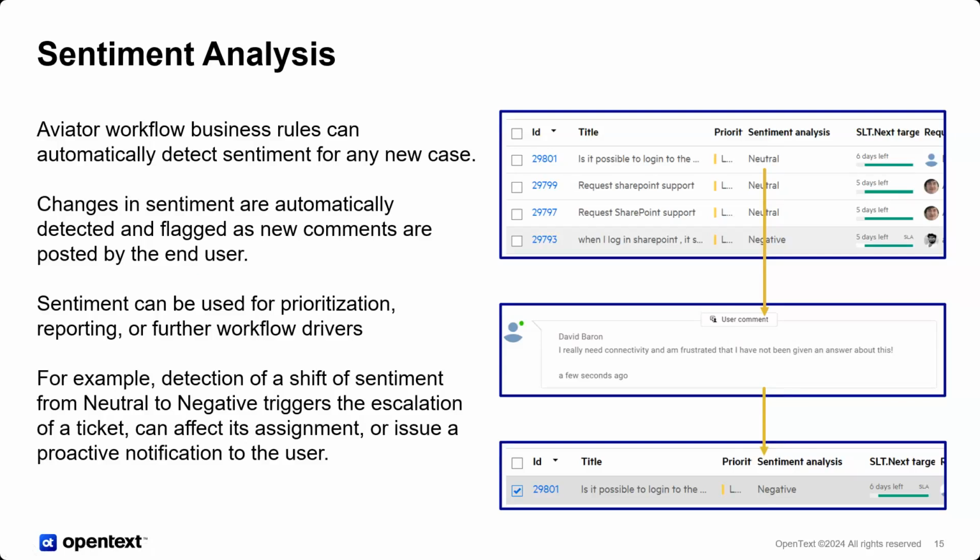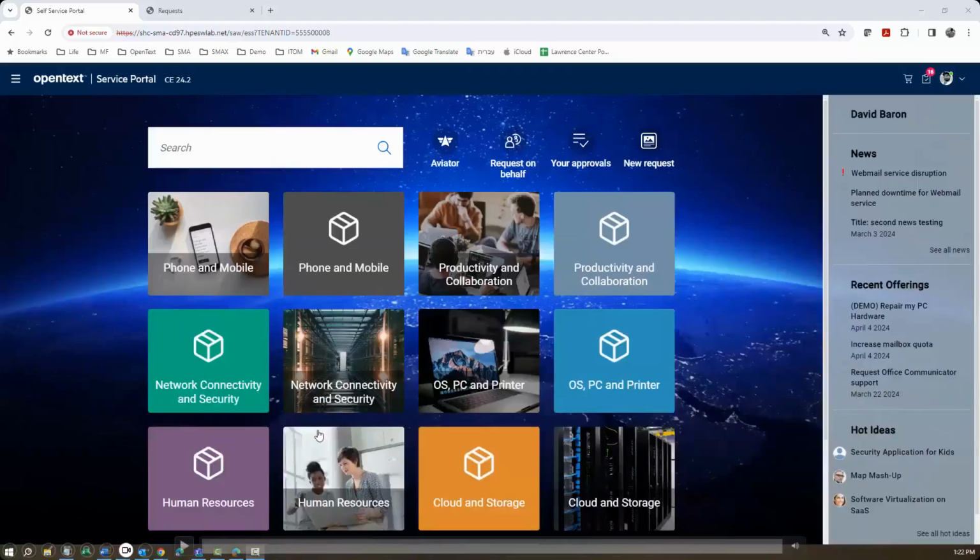As you can see in the screenshot, being frustrated results in it being set as a negative statement. That itself allows you to drive further workflow. As we go through the demo, you'll see we shift that across to potentially trigger an escalation on the ticket. Let's walk it through and then we'll show you how it's built.